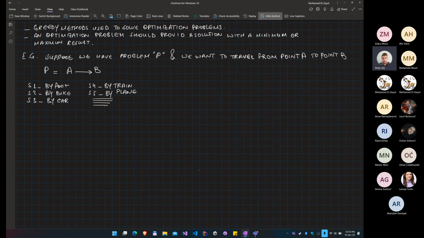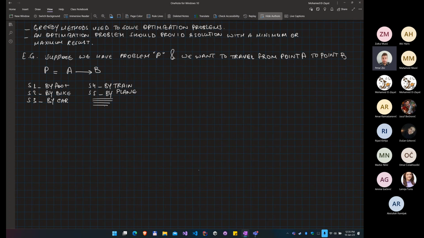Now we can introduce a constraint to this. With that many solutions, I would like to go from point A to point B in, let's say, 2 hours. For example, I would like to go from Sarajevo to Istanbul and reach there in 2 hours. When you put this in, it is called a constraint.